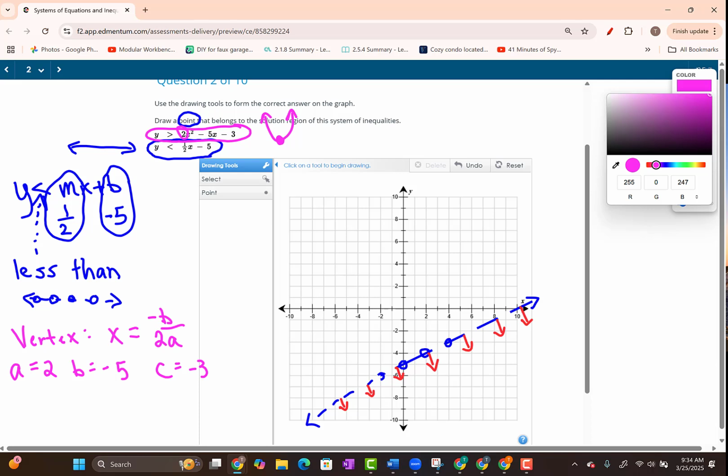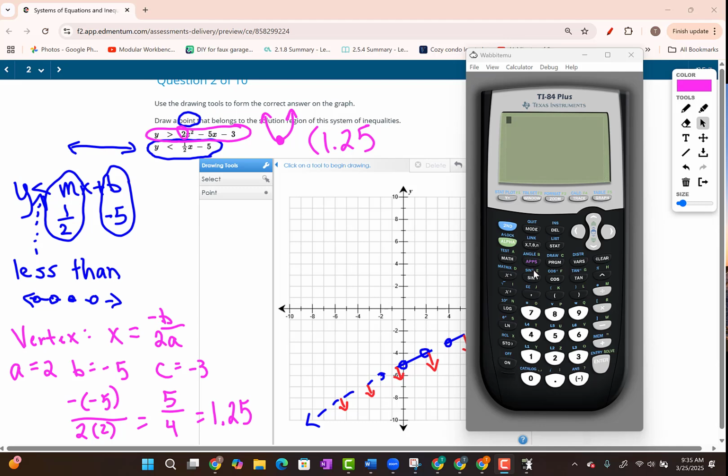So -b/2a is -(-5)/(2 times 2). -5 is +5. 2 times 2 is 4. 5 divided by 4 is 1.25. So the x-coordinate of the vertex is 1.25.